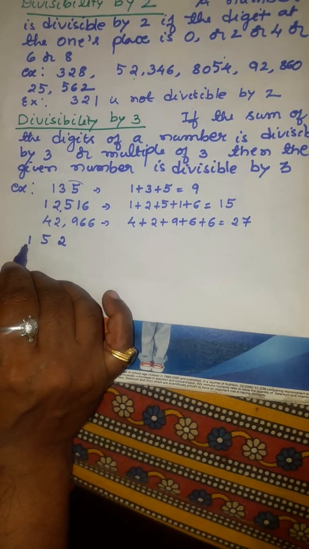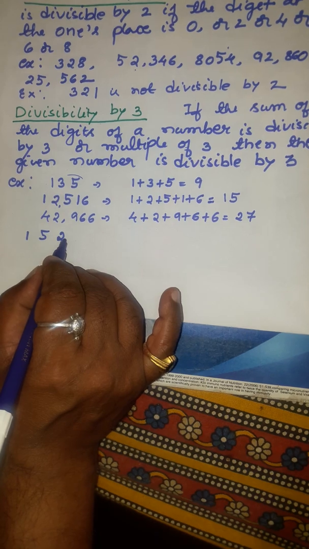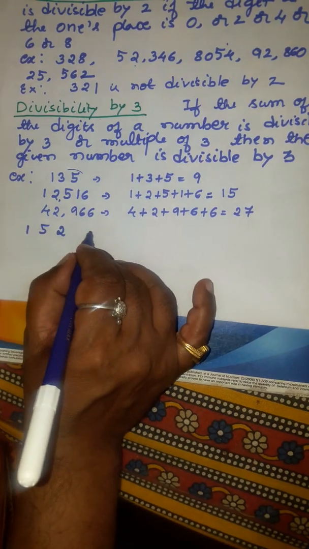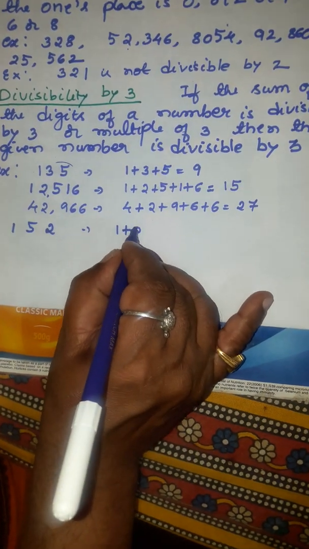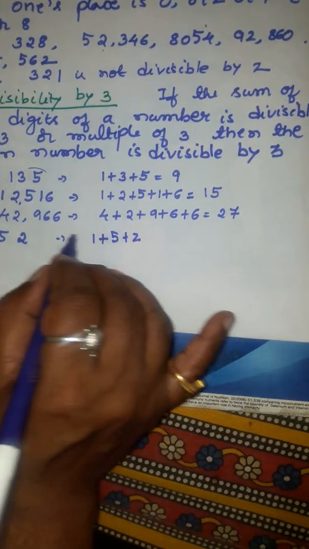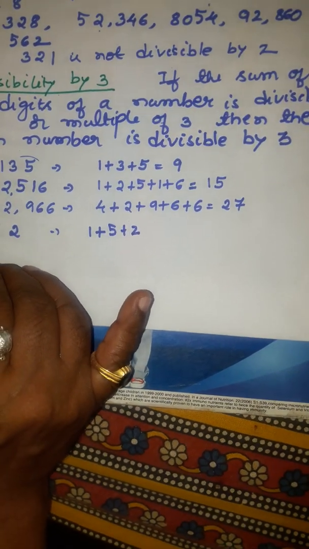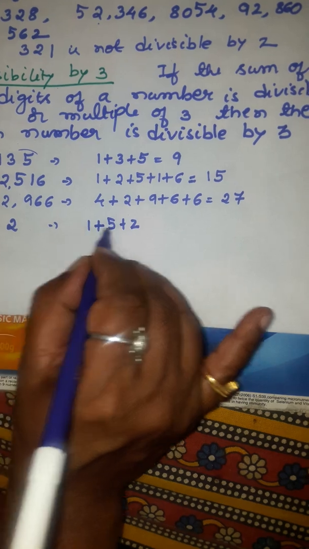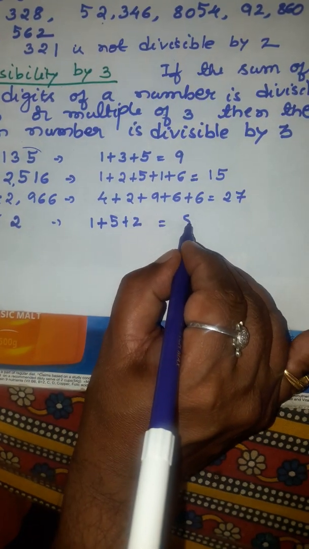Whether this number is divisible by 3 or not? See, let me add the digits of this number, 1 plus 5 plus 2. 5 plus 1 is 6, 6 plus 2 is equal to 8.